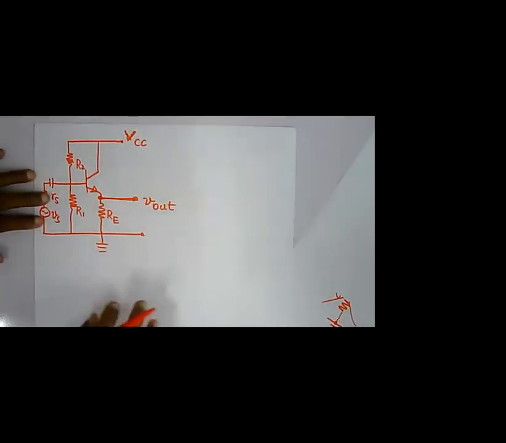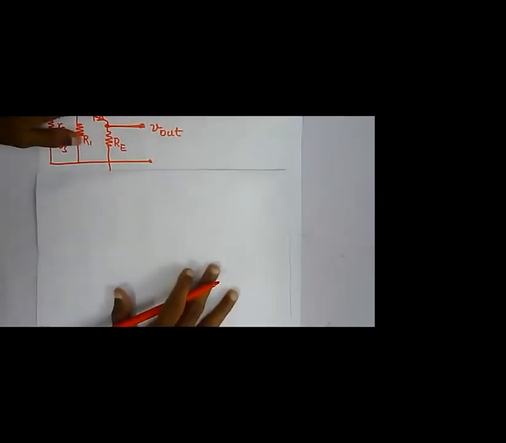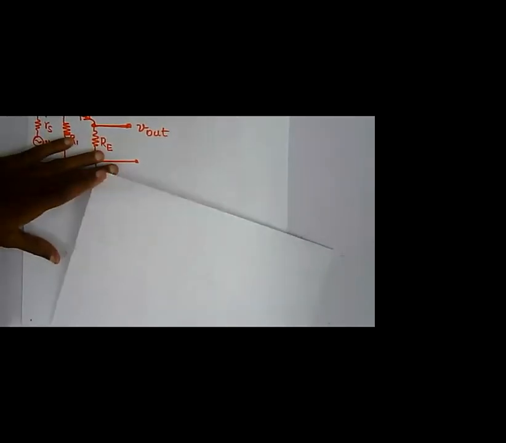Now I am going to draw the equivalent circuit first, right? First of all, I'll draw the equivalent circuit of a BJT first, right?